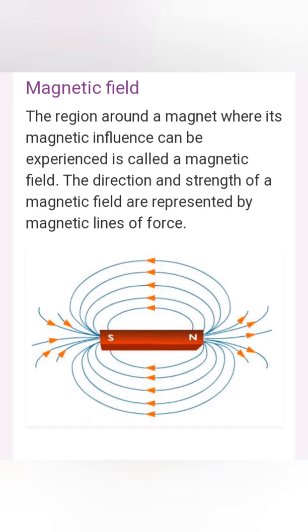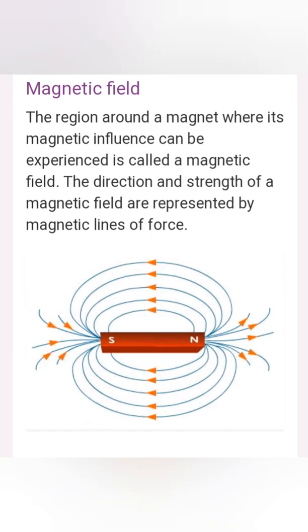The area around the magnet in which its magnetic force can be experienced by any other magnetic substance is called its magnetic field, which can be represented with the help of the magnetic lines of force. The magnetic lines of force you can see are running from the north pole to the south pole.